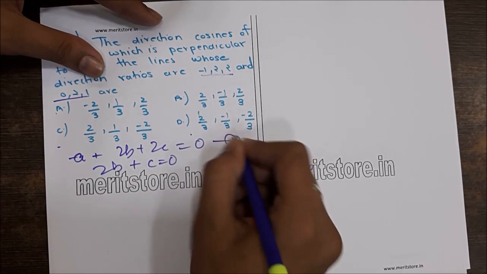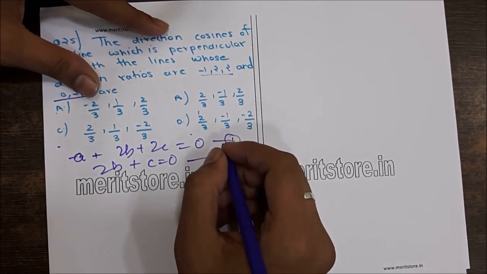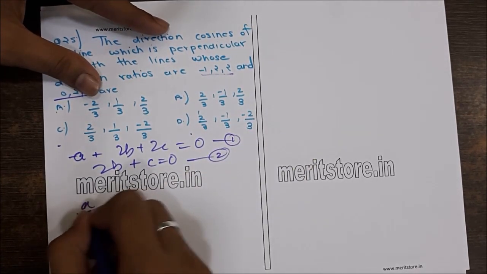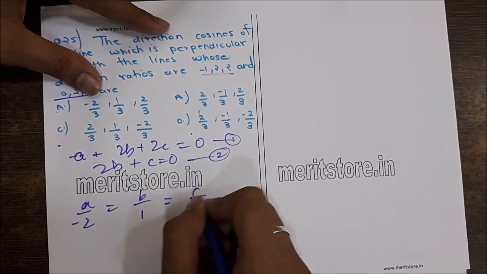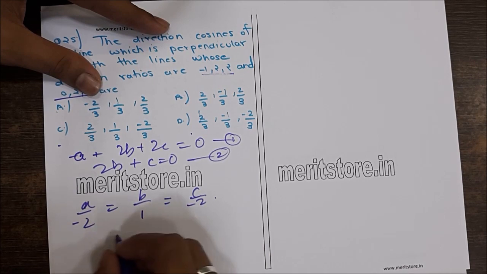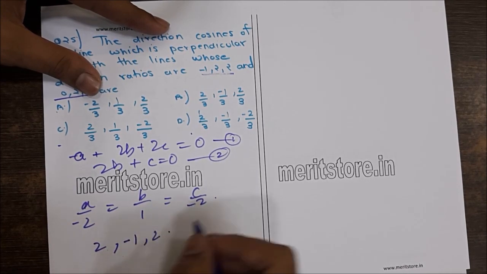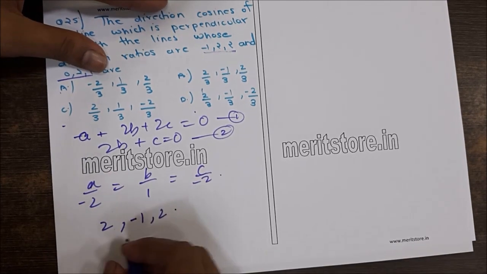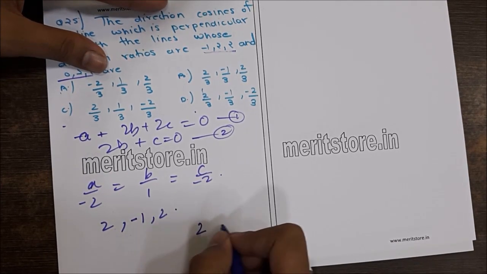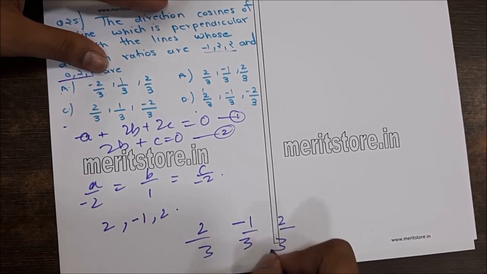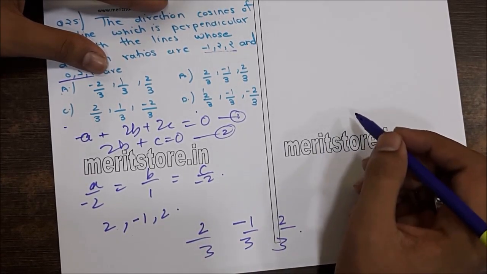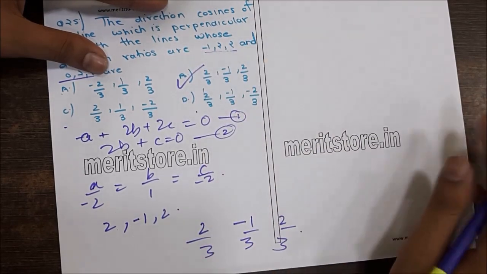Let us call these equation 1 and 2. Now solving 1 and 2 we'll get a by minus 2 is equal to b by 1 is equal to c by minus 2. So the direction ratios of the line would be 2, minus 1 and 2. So the required direction cosines will be 2, minus 1, 2 by 3. So our correct answer is option B.